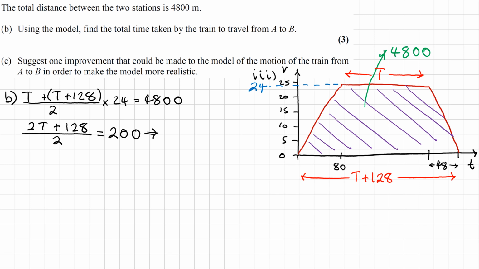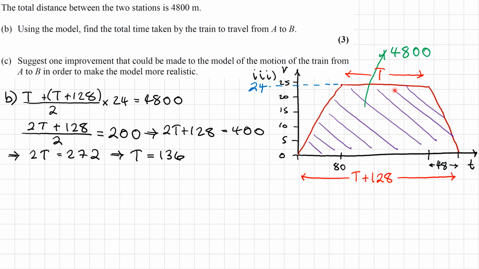If I times both sides by 2, I'll get 2t plus 128 is equal to 400. Next we'll take away 128 from both sides. That will give us 2t is equal to 272. Divide both sides by 2, and that gives us t is equal to 136.